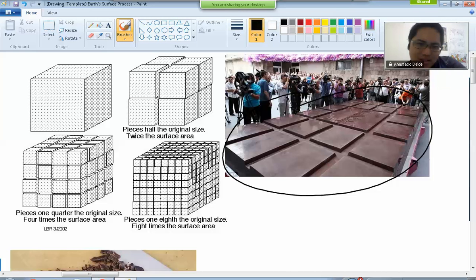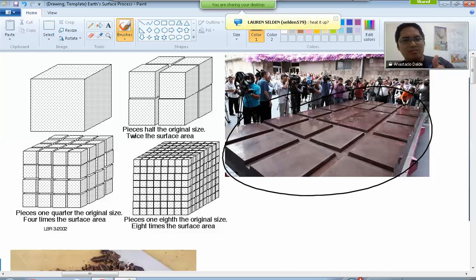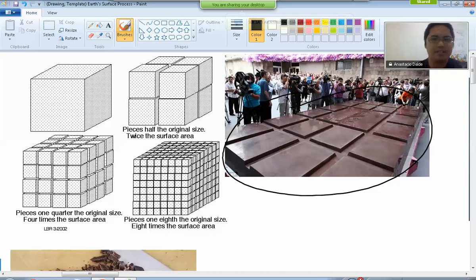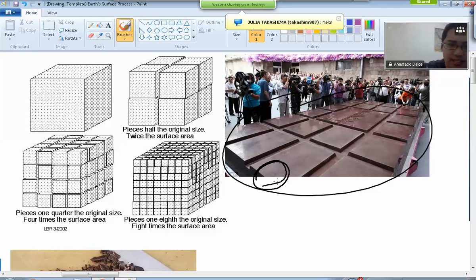Let's say you want your hot chocolate now. What do you do? All right, fine. So let's say I give you a manageable size, like a fist-size piece of chocolate. What would you do? You would break it up.